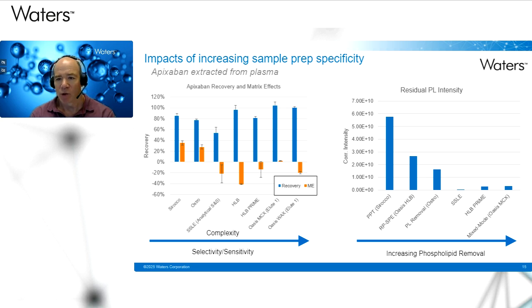But when we get to more specific things like HLB Prime, which adds phospholipid removal to reverse phase, or mixed mode ion exchange extraction, we get cleaner and cleaner samples. So there are a couple of different ways of evaluating the quality of our extraction. You can ask: is it efficient? Am I getting ion suppression or enhancement? And what are the residual contaminants left in my sample?